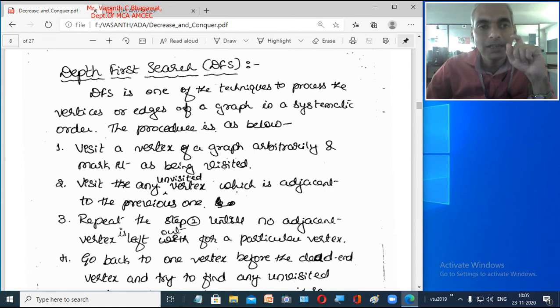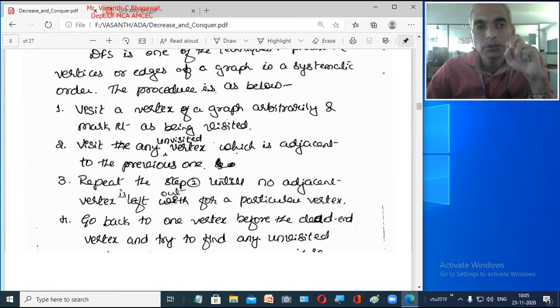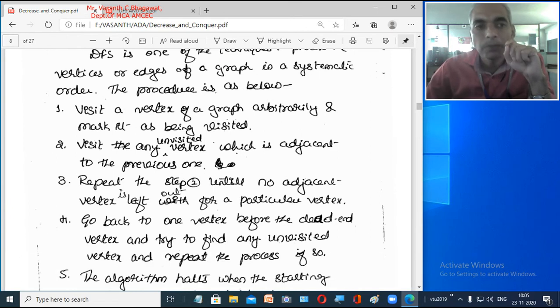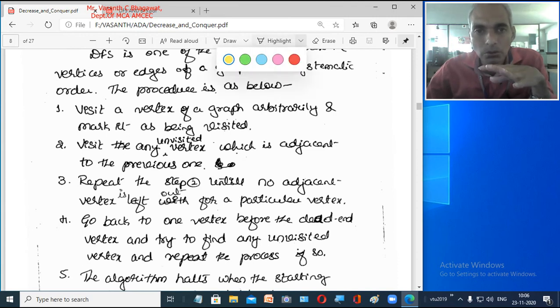Now let us look into the procedure, or how we are going to do it. The first step: we are going to visit a vertex of a graph, or we start with an initial vertex or any arbitrary vertex. Suppose in our problem it is given that you have to start from a particular vertex, the initial node or the source node, then you start from that node.